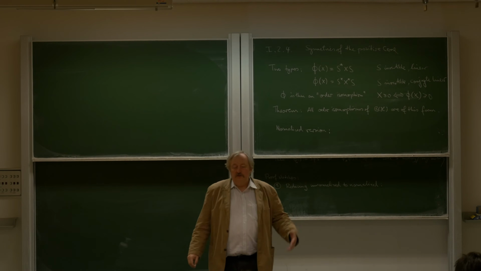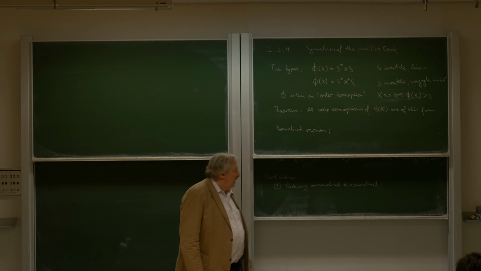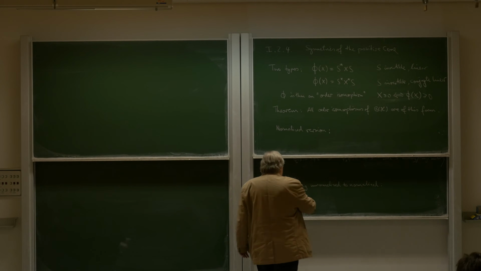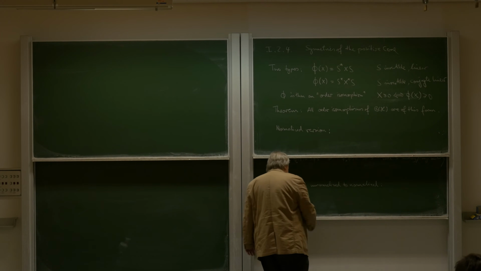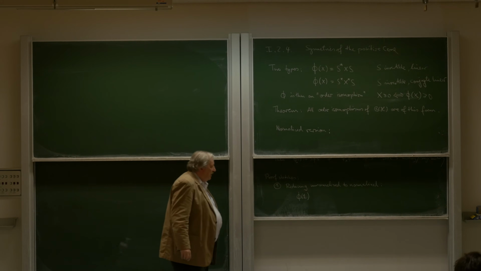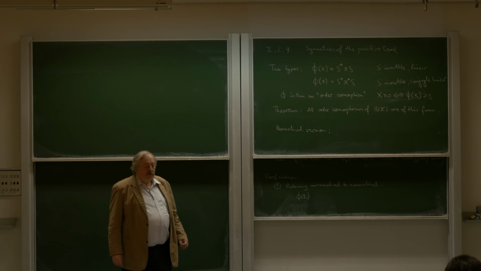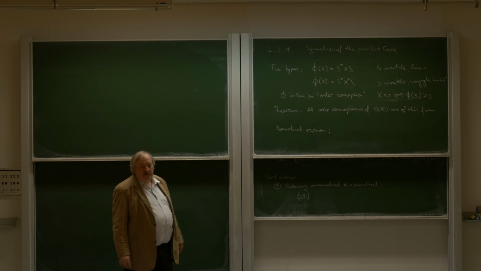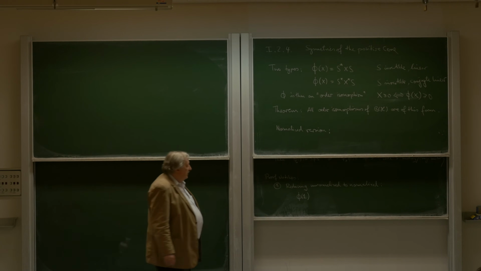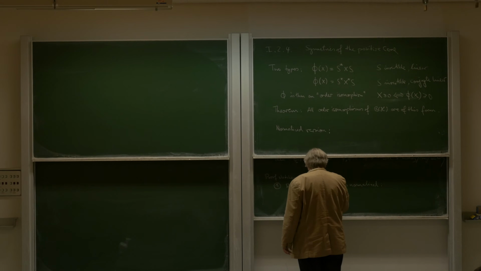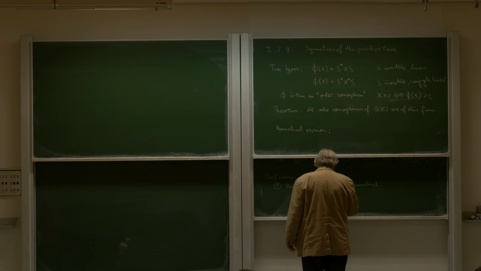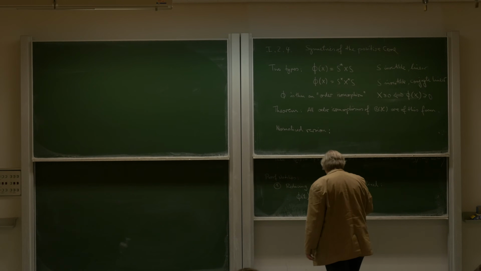How does this actually follow from Wigner's theorem? And that's very simple. So actually, phi of 1. You're assuming now, of course, that phi is an order isomorphism. And then phi of 1 has to be strictly positive.